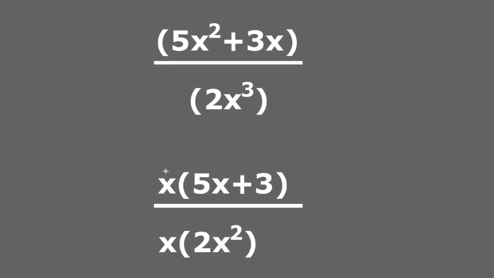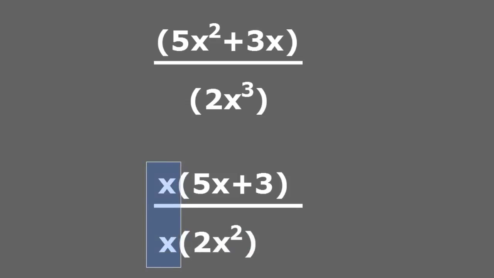If I multiply this x times 5x, I get 5x squared. And if I multiply this x with the 3, I get 3x. So I factor 1x on the numerator, and also I can factor 1x on the denominator. It becomes x multiplied by 2x squared. These two terms multiplied become 2x cubed.